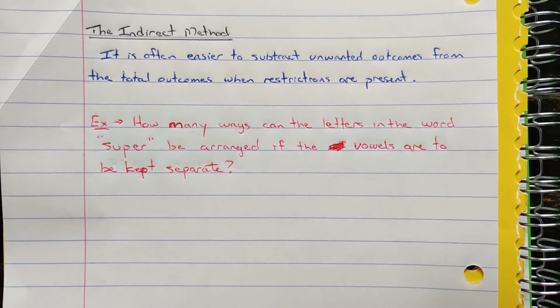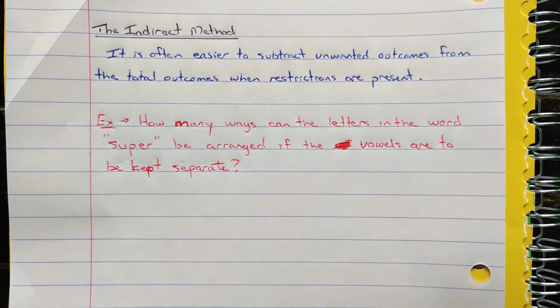So let's take a look at an actual question, which will help us see that a little better. How many ways can the letters in the word super be arranged if the vowels are to be kept separate?